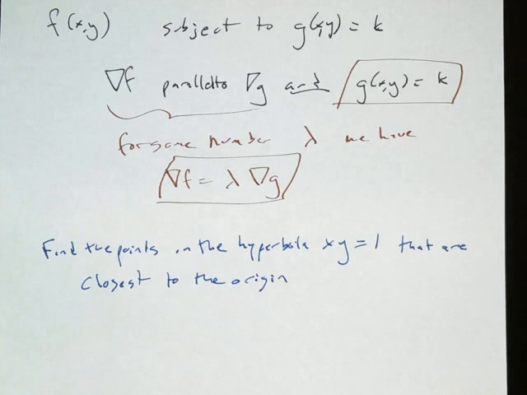So here is such a problem. I want to find the points on a particular hyperbola, xy equals 1, that are closest to 0, 0.